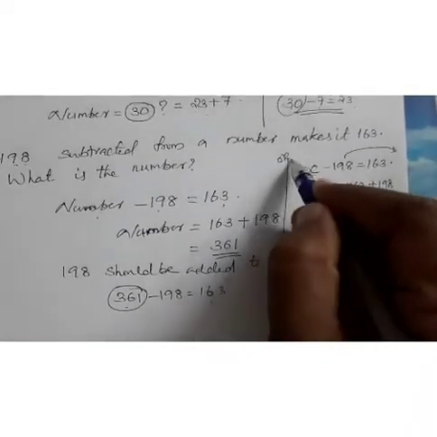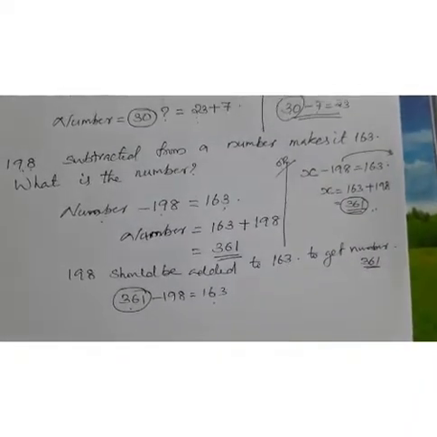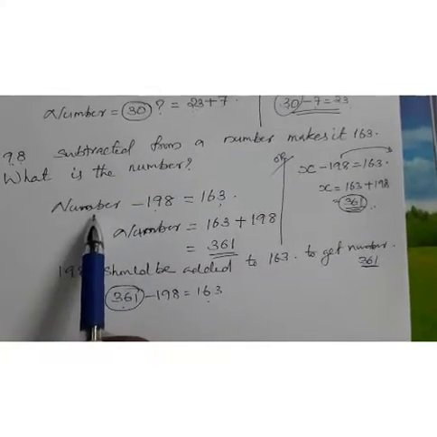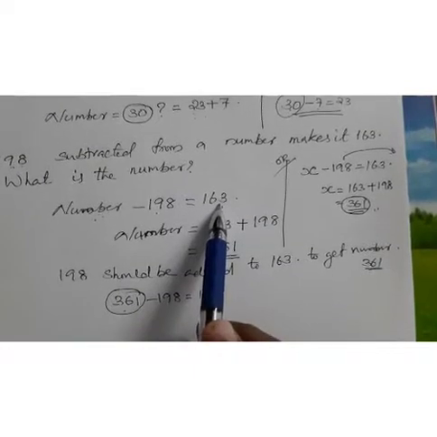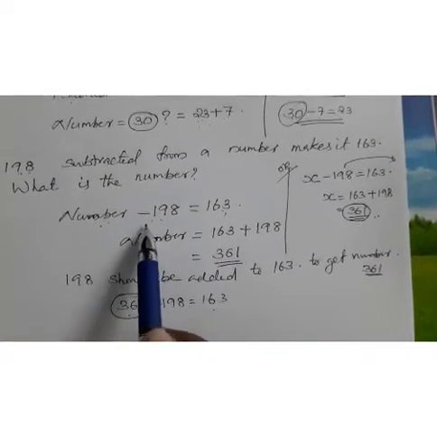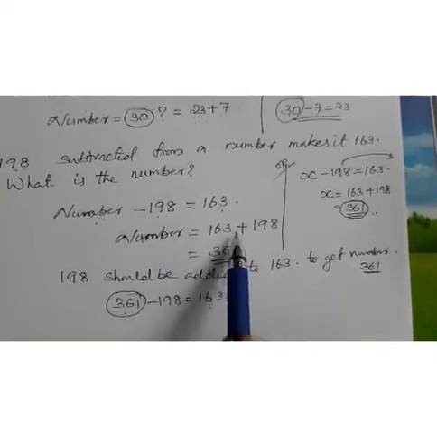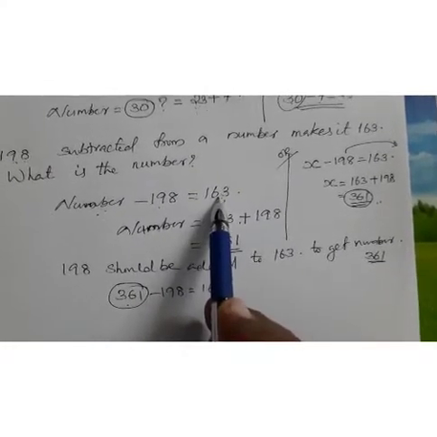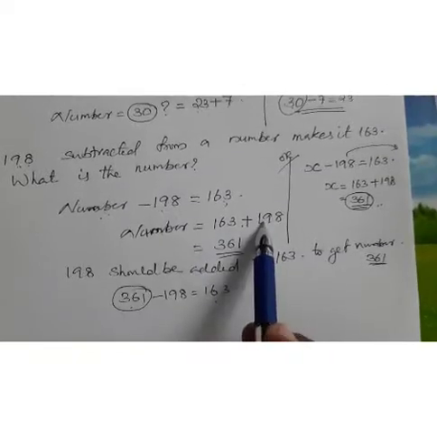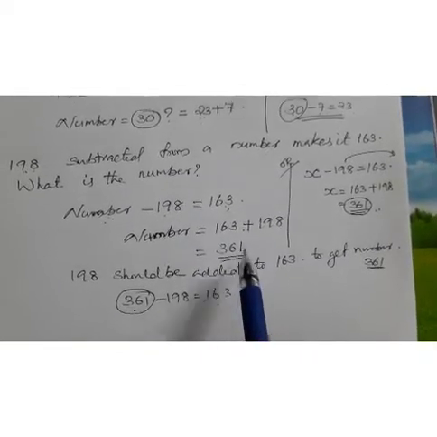Any one method you can use. So 198 is subtracted from a number, you will get 163. So what is the number? Instead of subtracting, you can do addition here. So finding out the number from 163, you have to add it. So you will get 361.